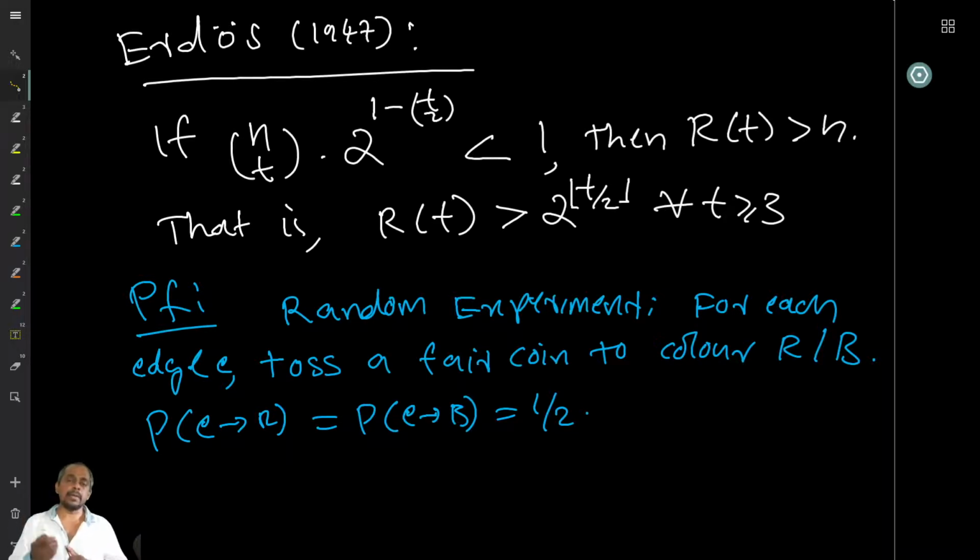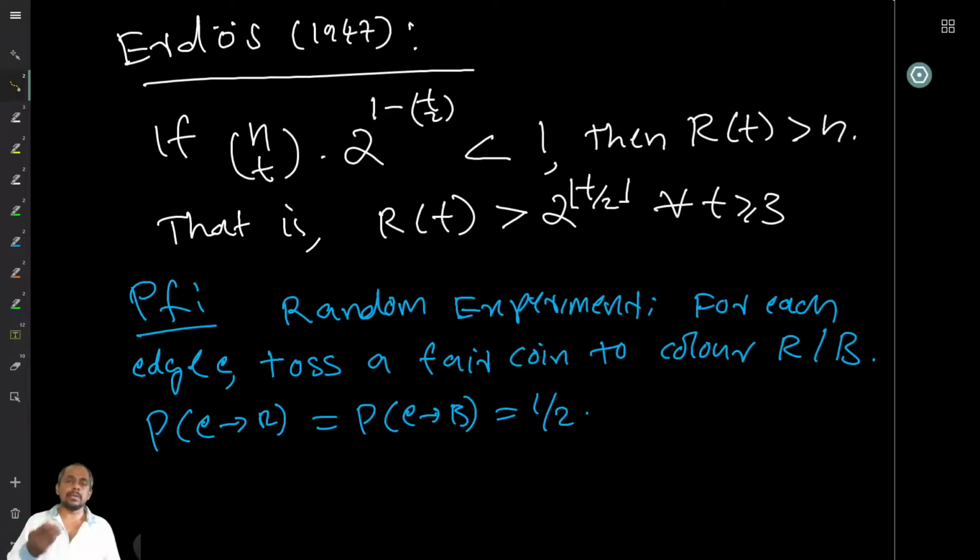If it is heads, then color it red. If it is a tail, color it blue. So the probability of the edge becoming red or blue is half. Every edge has the same probability of becoming red or blue. I take the graph on n vertices and do this, so this is my random experiment.